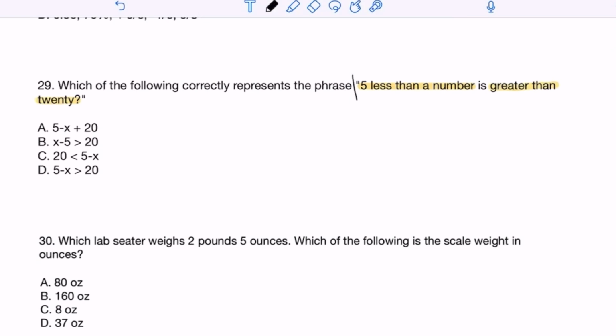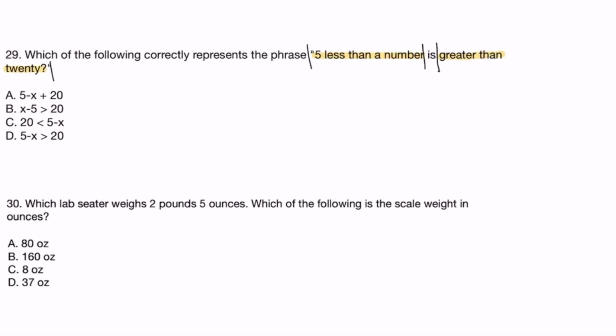5 less than a number is greater than 20. So the whole question asks, which of the following correctly represents the phrase 5 less than a number is greater than 20? Okay, so a number is x, and greater than is this symbol, and 20.